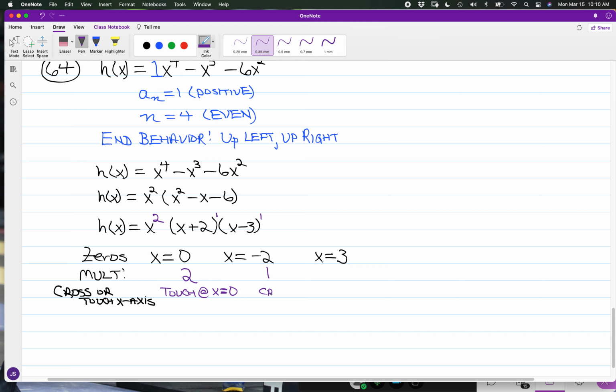So the graph will cross at x equal to negative 2. And for x equals 3, this stems from x minus 3, which is also a first order. So you have an odd multiplicity value, so the graph is going to cross at x is equal to 3.